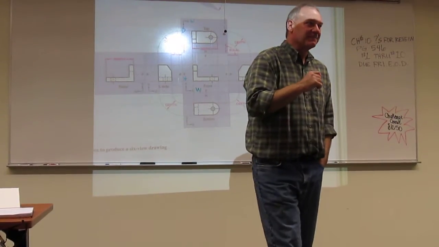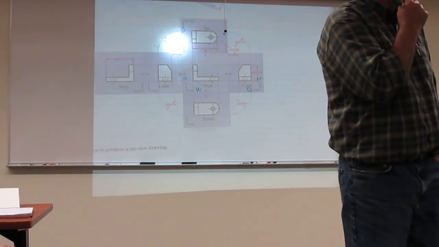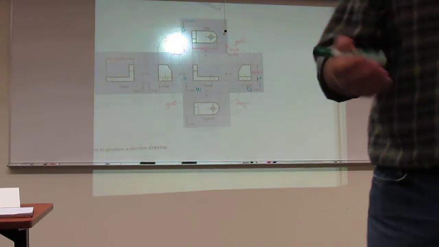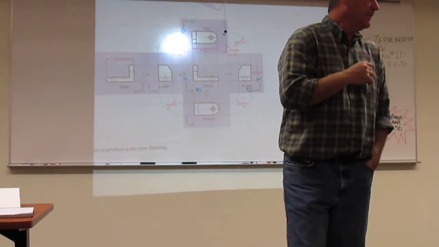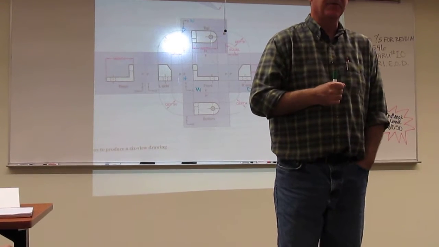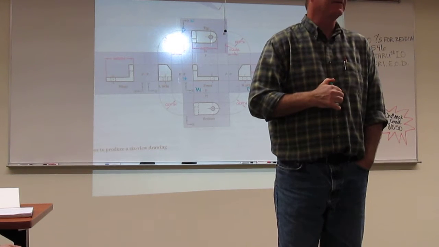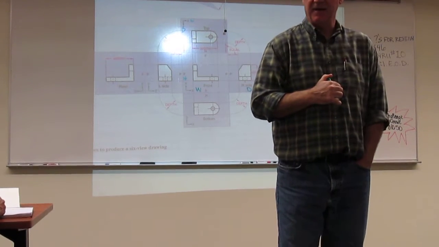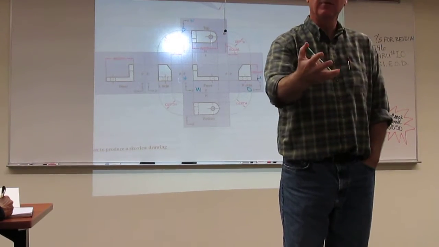Which brings me to kind of a caveat of our industry. How do I know if it's a 1-view drawing or a 2-view drawing or a 3-view or if it's all 6? The mandate you want to keep in your mind is you must completely describe the geometry and no more. Now, the reason I say that is because we do not want to give them a view that doesn't give them new information.